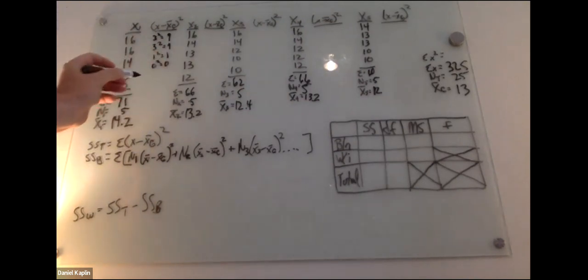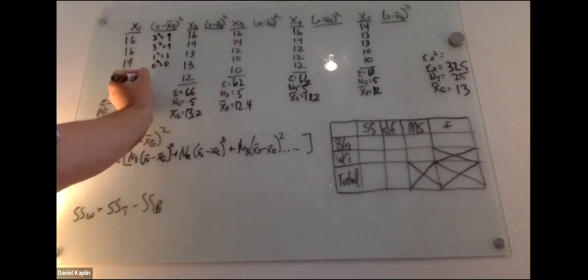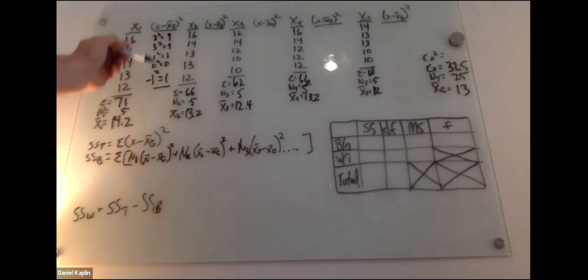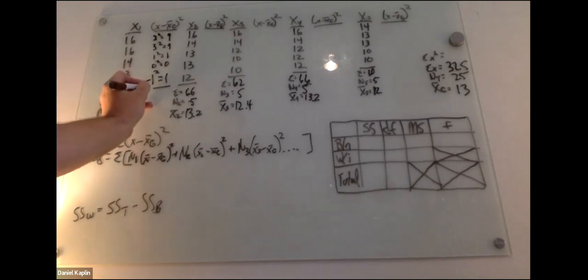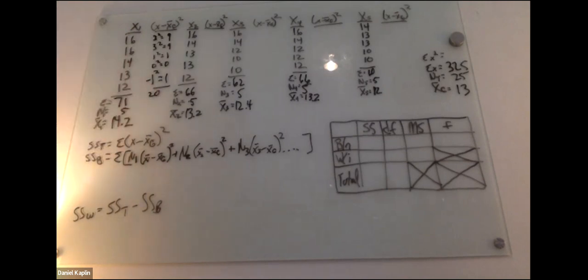And then 12 minus 13 would be negative 1 squared, which gives us 1. Now, if we add up these numbers, what's 9 plus 9 plus 1 plus 1? We're going to get 20. Okay, so in this column, we have 20. Great. We're going to do the same thing for our second set of numbers.